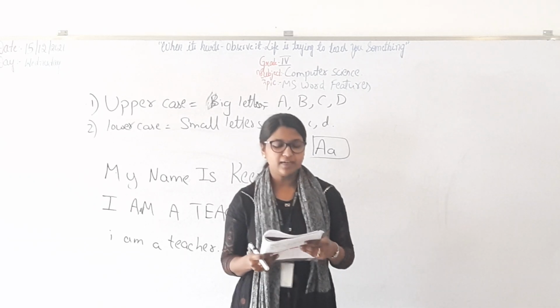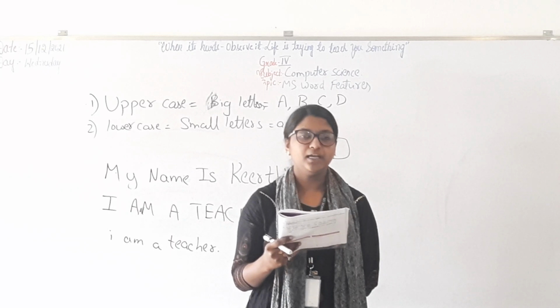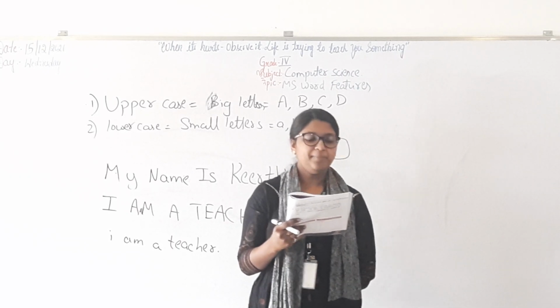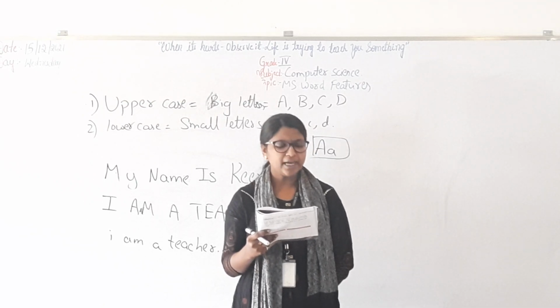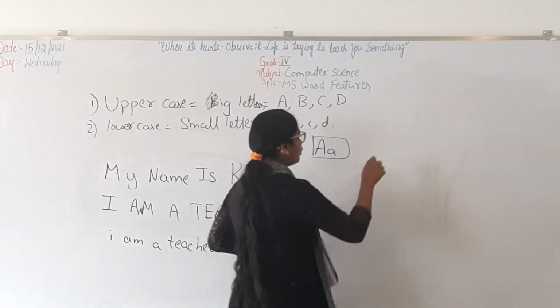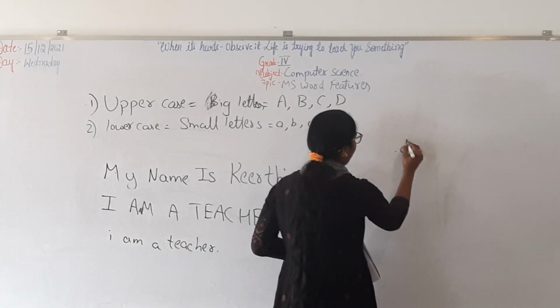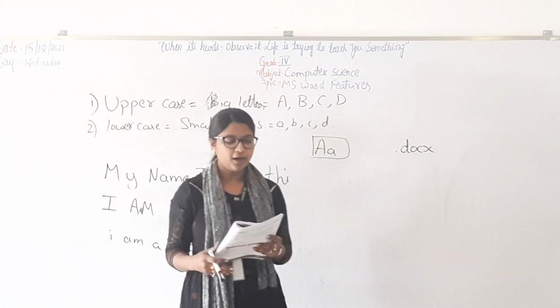A. Number list is created when you make use of the numbering option. B. The extension of a saved file in MS Word is docx. Everything should be in small letters.